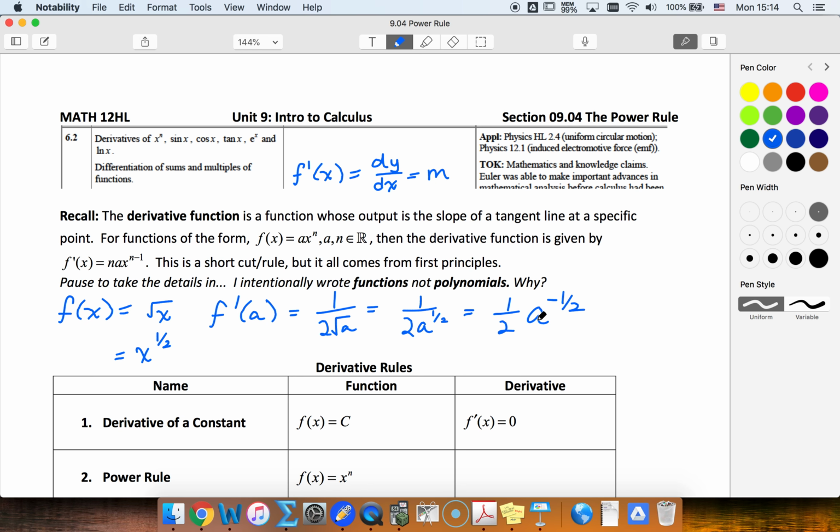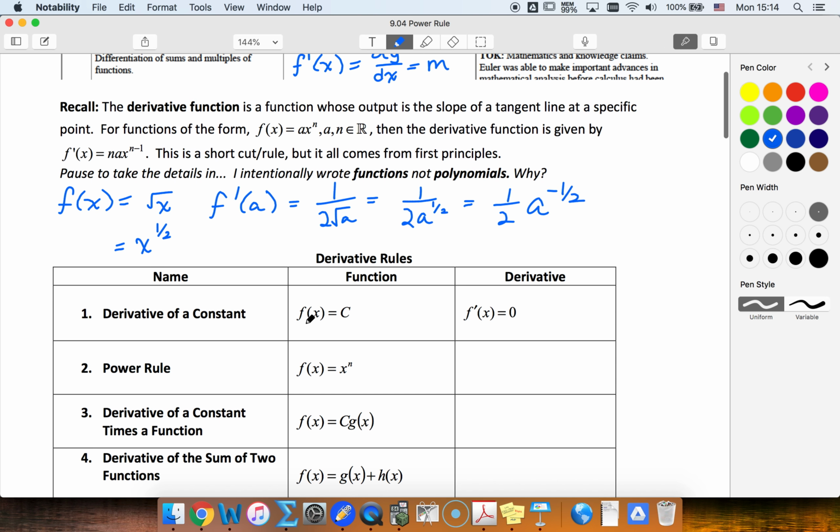So coming back, we can use this. If I think about a constant, the graph of a constant is a horizontal line at c. So at any point on this horizontal line, the slope is 0. If I have a power, the derivative is n times x to the n minus 1.